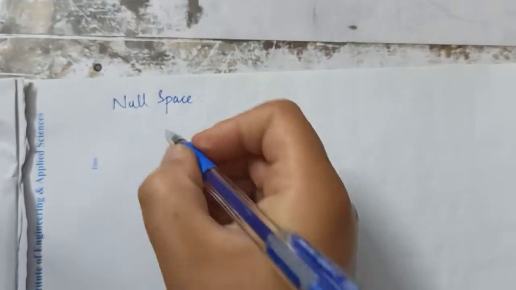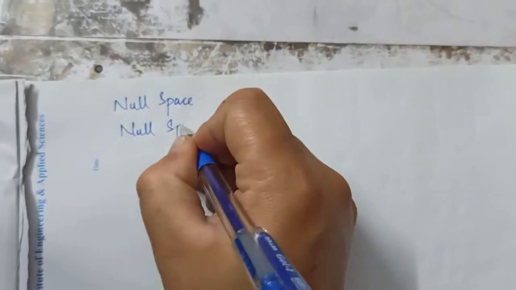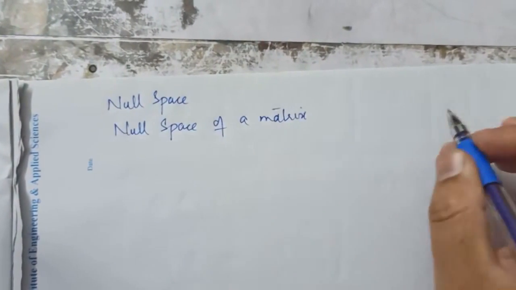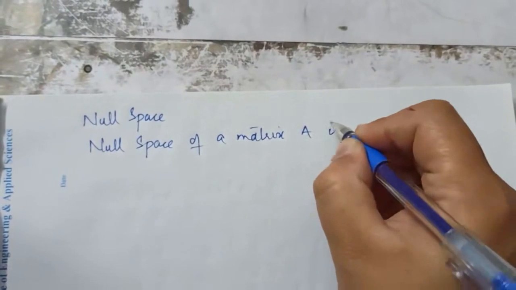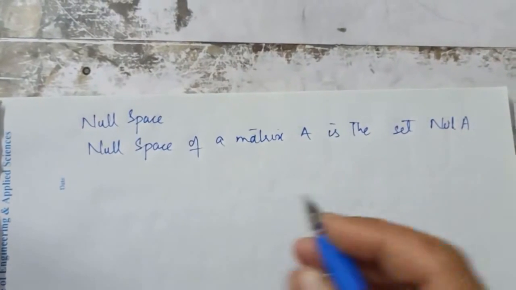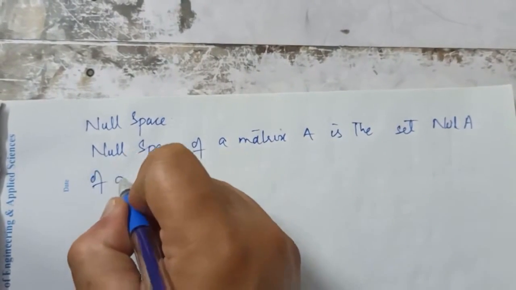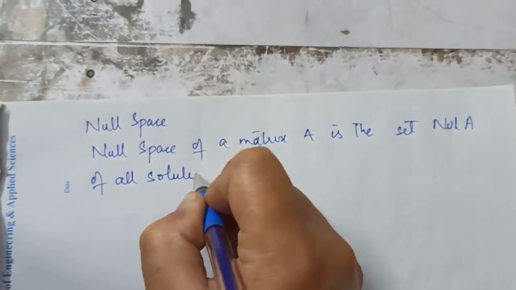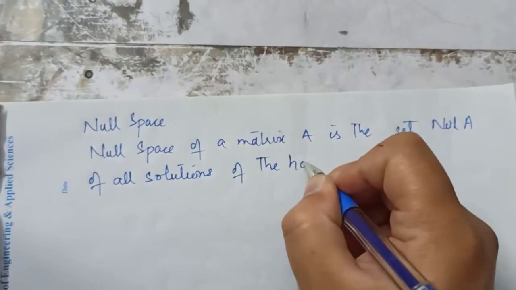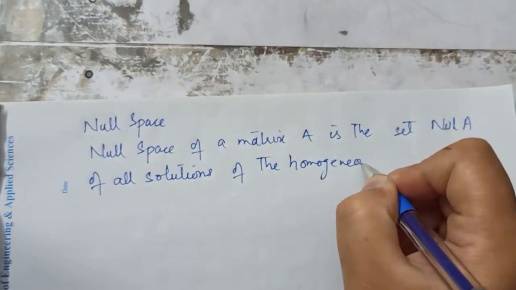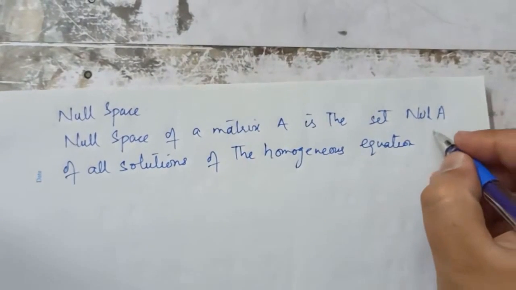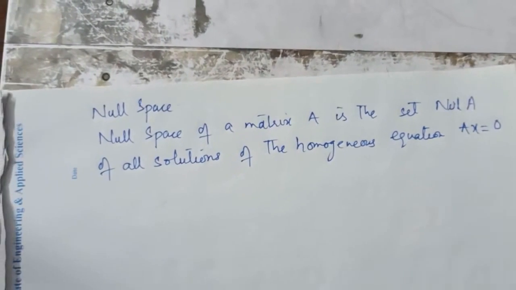So the null space of a matrix A, written Null A, is the set of all solutions of the homogeneous equation AX equals 0.